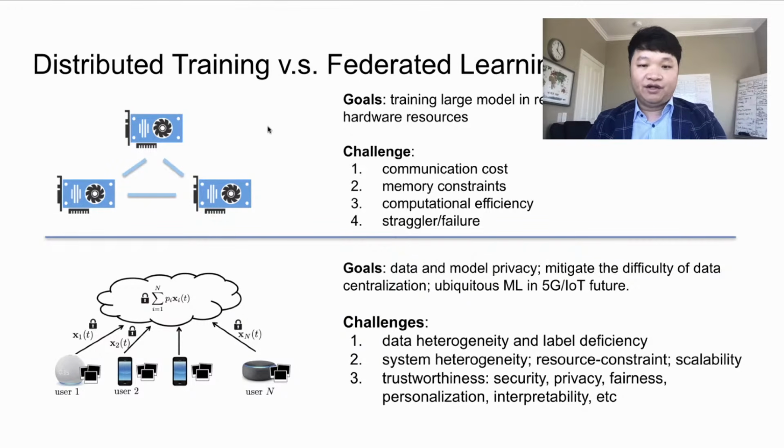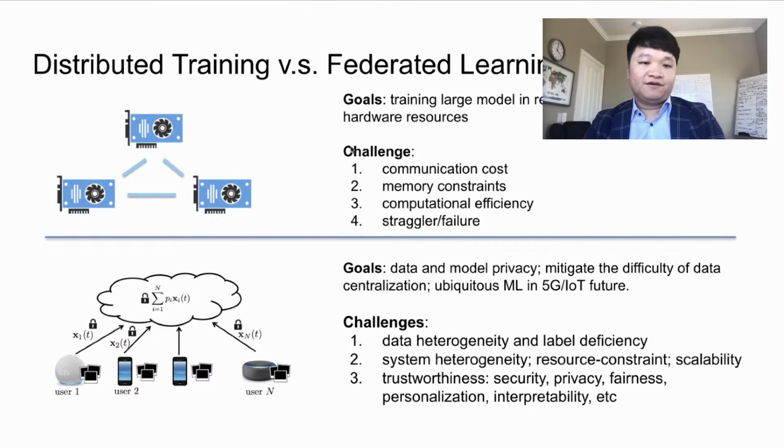In GPU cluster training, our main goal is to train a large model in a reasonable training time, using reasonable cost and hardware resources. But the goal in federated learning is to protect data and model privacy, and also mitigate the difficulty of data centralization. You can imagine if there are many distributed datasets, how we can centralize them is very challenging. So it's not just about privacy.